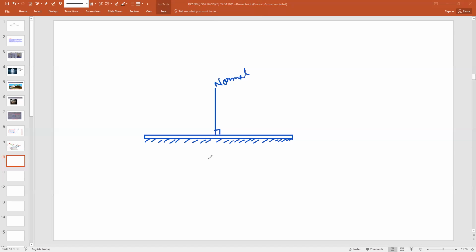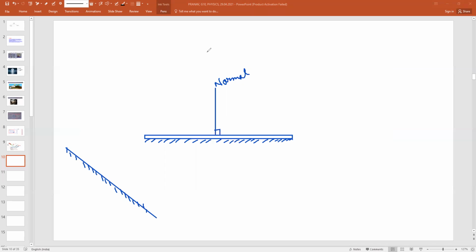Okay. So what is the normal basically? Normal is always an imaginary line, and it should be perpendicular to the base. Suppose my base is like this. I have tilted the base like this. Can you see that? Now my base is tilted.